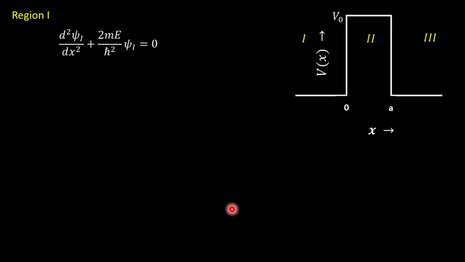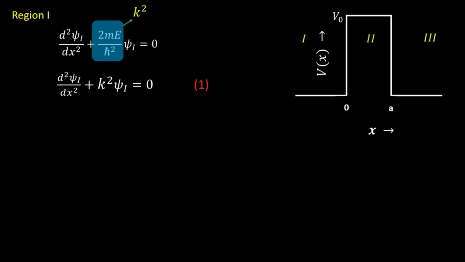For the first region, it can be written as d square psi 1 by dx square plus 2mE by h cross square psi 1 equal to 0, because the potential is 0 in this region, so there is no potential energy term appearing here. If we substitute 2mE by h cross square as some constant k square, we can write this equation as d square psi 1 by dx square plus k square psi 1 equal to 0.